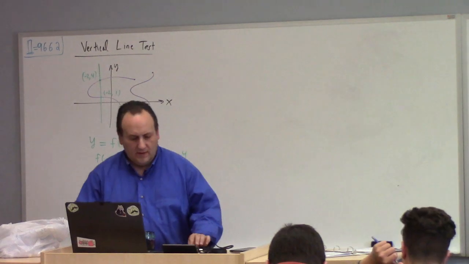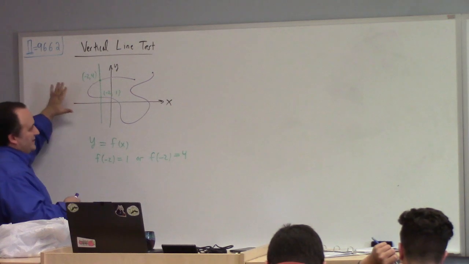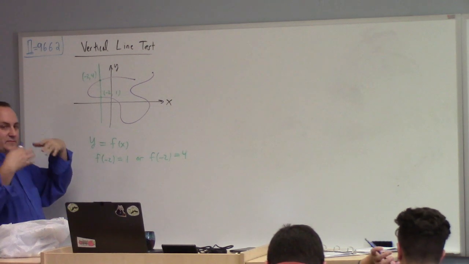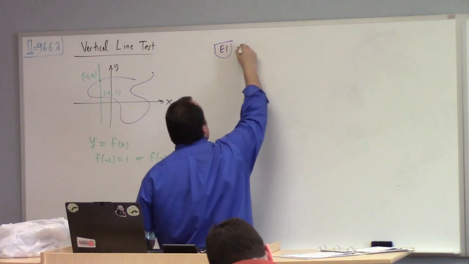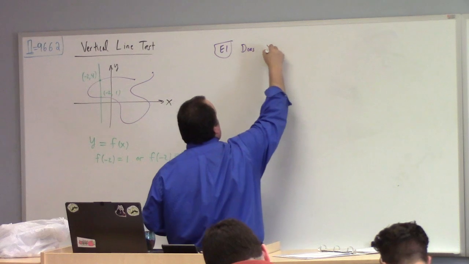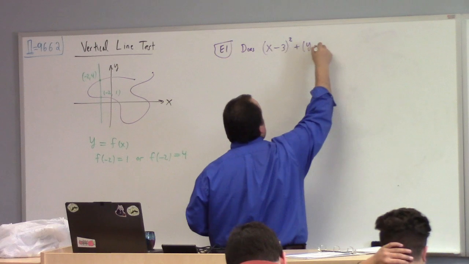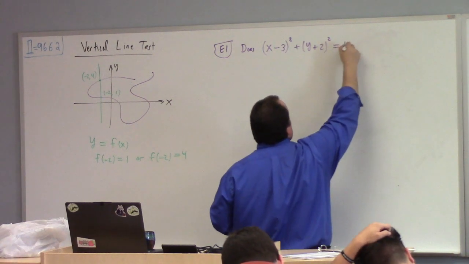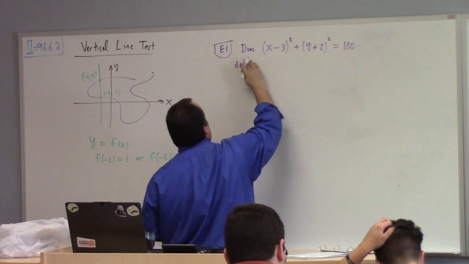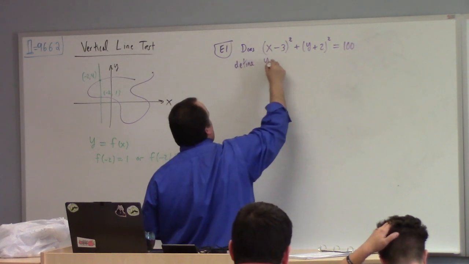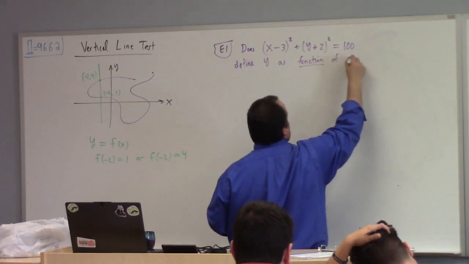Now, sometimes you don't want to graph something, right? Sometimes you can basically do the vertical line test at an algebraic level as follows. So example 1: does (x minus 3) squared plus (y plus 2) squared equals 100 define y as a function of x?